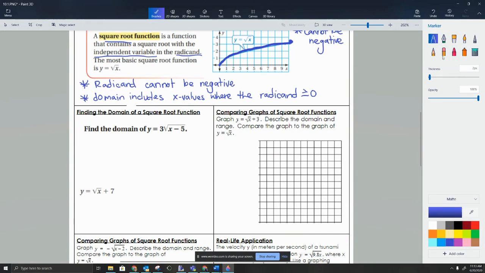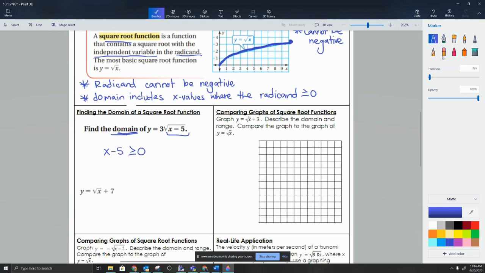Finding the domain of a square root function. We have this square root function, y equals the square root of x minus 5. If we want to find the domain, they're asking us which x values will show up on this graph or which x values are going to work. So we focus on the radicand, which in this case is x minus 5, and we set this greater than or equal to 0, because that radicand cannot be negative.